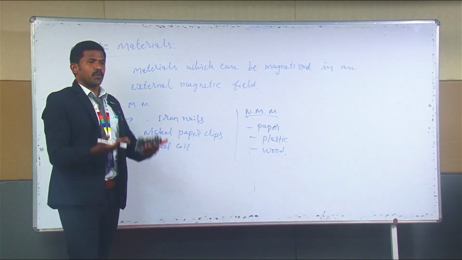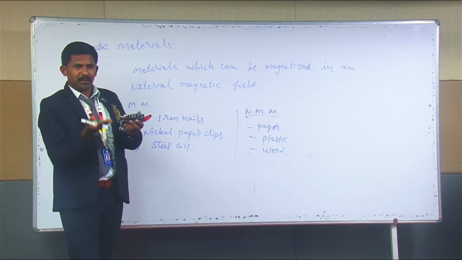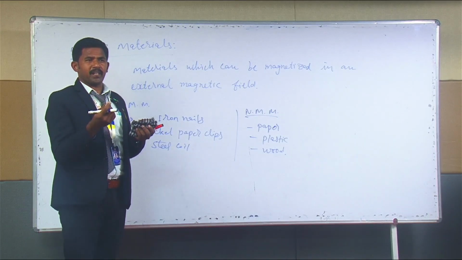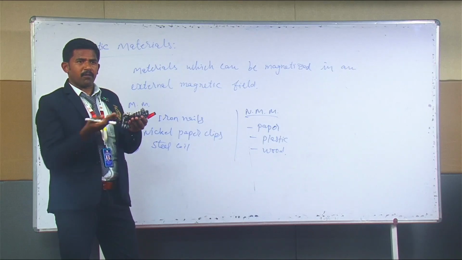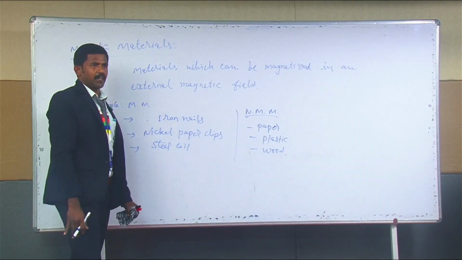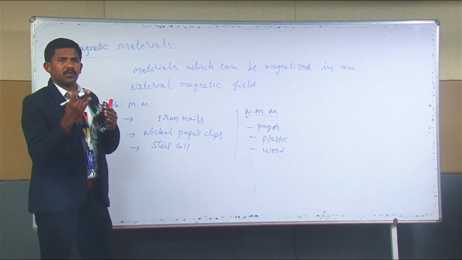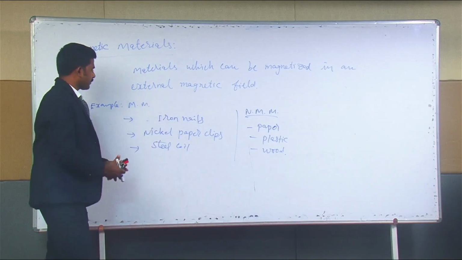Keeping paper on top, we keep the bar magnet on the bottom side, and some iron particles or small magnetic particles on the upper side. The magnetic field can transmit through non-magnetic material also. So that's what we understand.